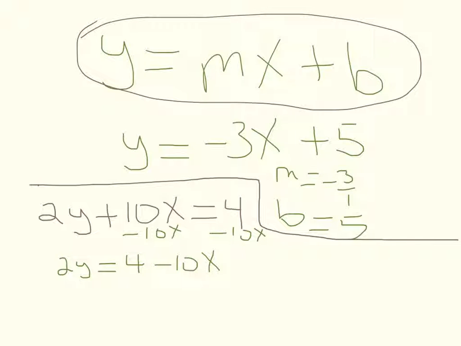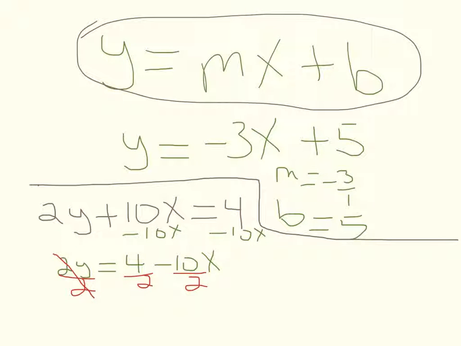Then, lastly, I will divide both sides by 2 to get y alone. Now remember, everything on the right side gets divided by 2. Do I have to write this twice? No. You can write the 2 once as one fraction if you like, but you just have to remember that you're dividing both things on the right side by 2.